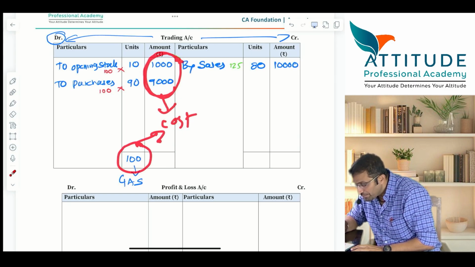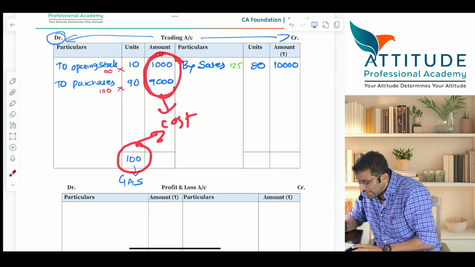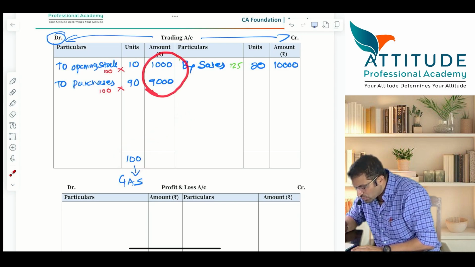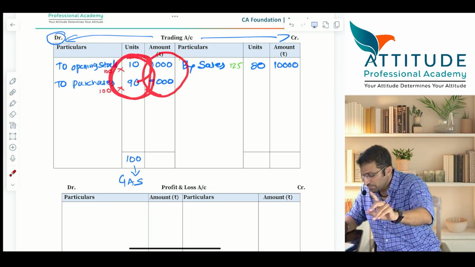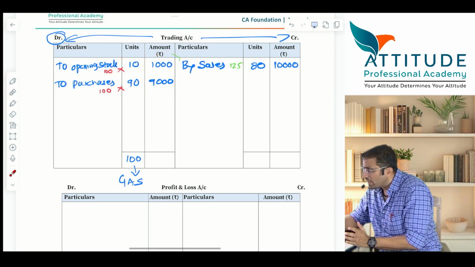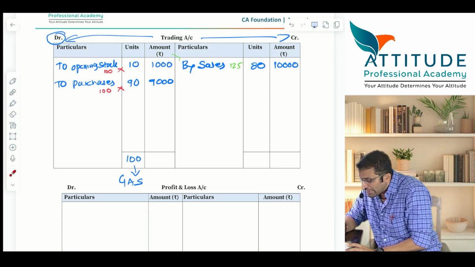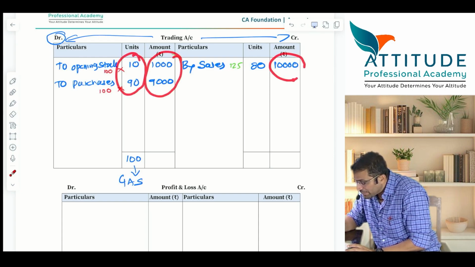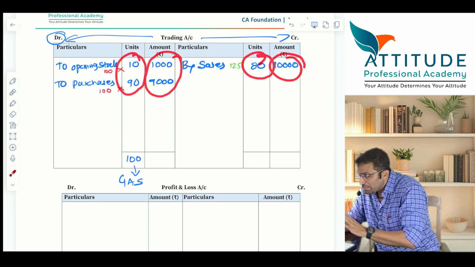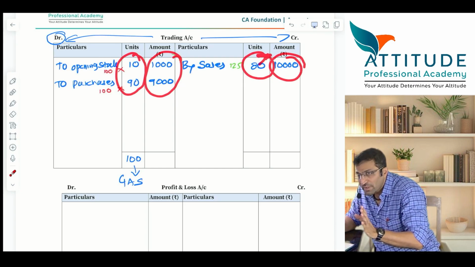Agreed? Answer. Tell me. Repeat it once again. 10,000 rupees is the cost of 100 units, 100 shirts. Agreed? Now, this is comparison only. Can I compare the cost of 100 units with the selling price of 80 units? Is it matching or is it a mismatch?